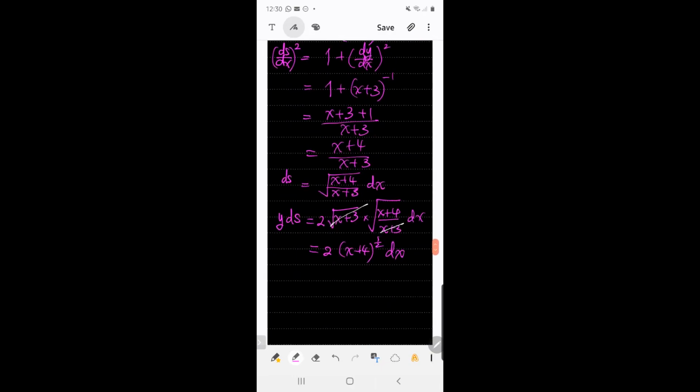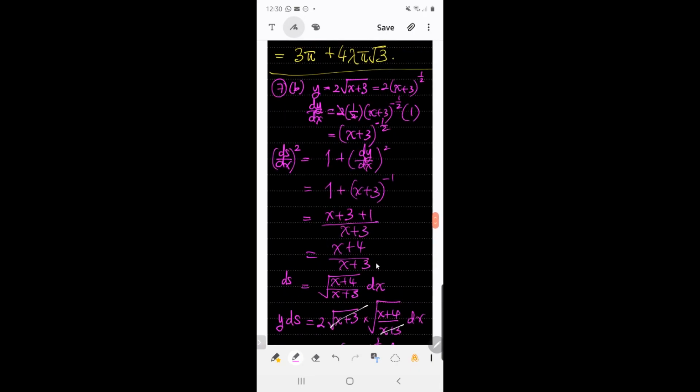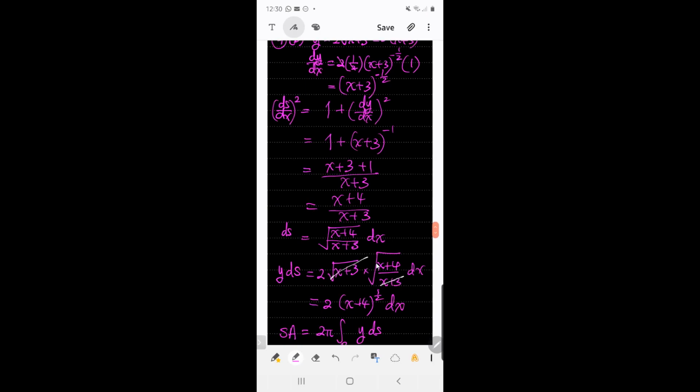So in other words, you need to integrate this one. Therefore, the surface area is given by the integral of 2 pi y ds, from 0 to 1.